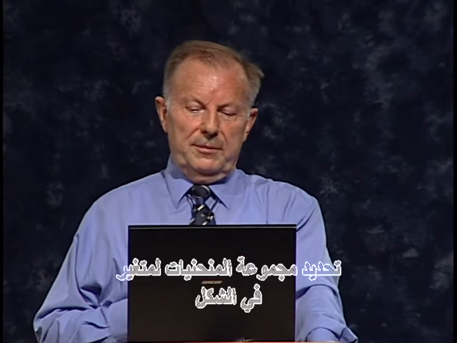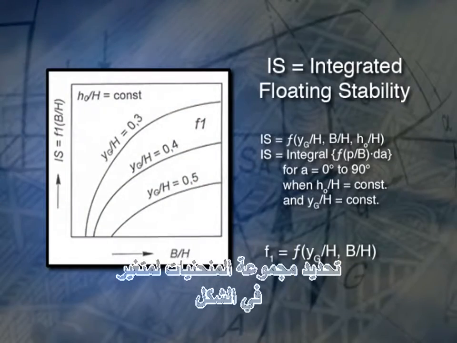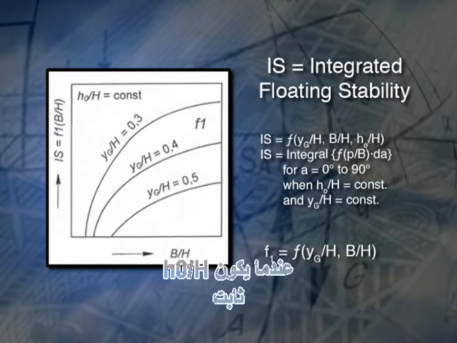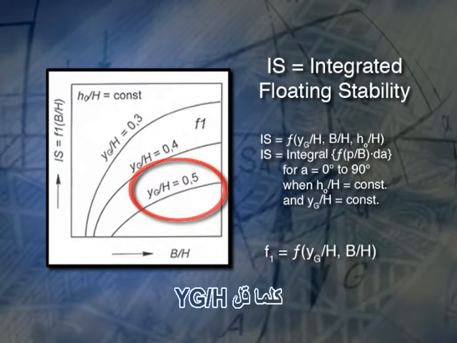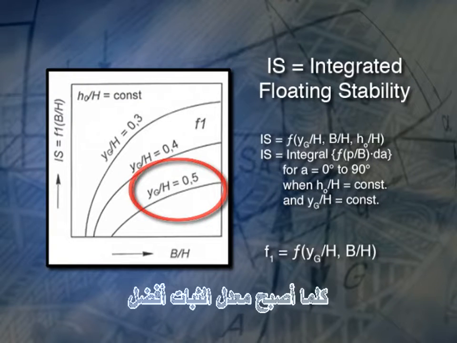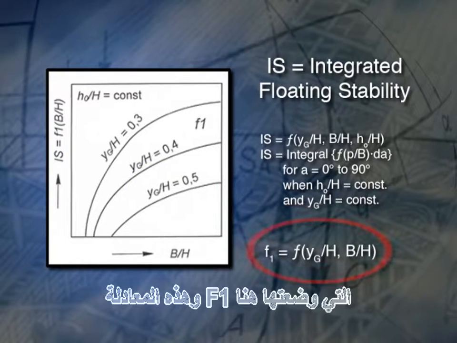We find a set of curves in a diagram with h0 by h constant. What we see on these three curves here is that the less yg over h, the better is the stability. And that is the function f1, I have named it here.